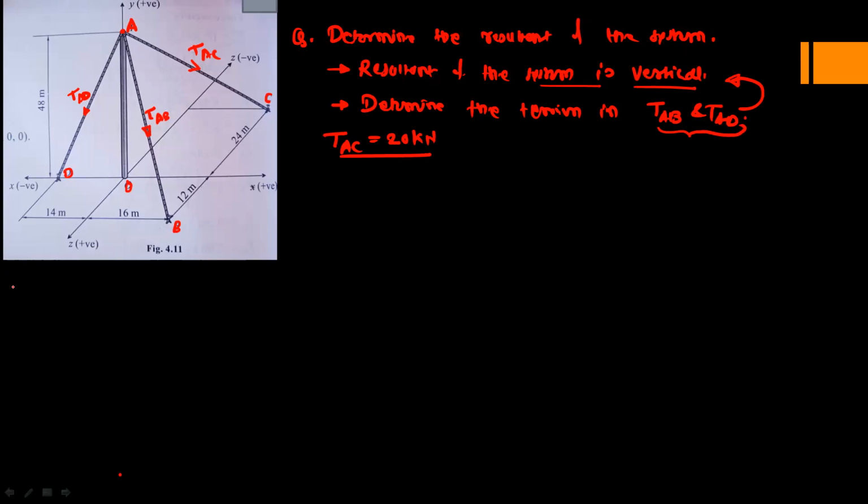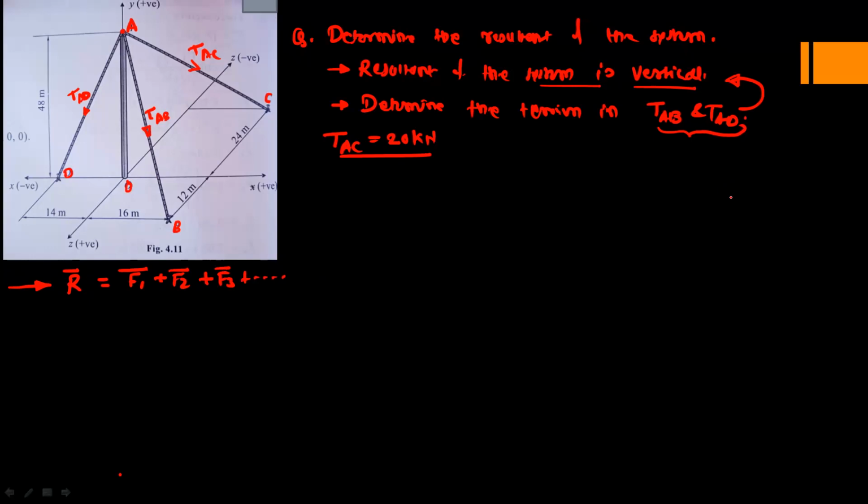So first we will see how to find out the resultant in 3 dimensions for the concurrent force system. So the resultant R bar for 3 dimensions, or for the space force, is given by the vector addition of all the forces: F1 bar plus F2 bar plus F3 bar, and so on.